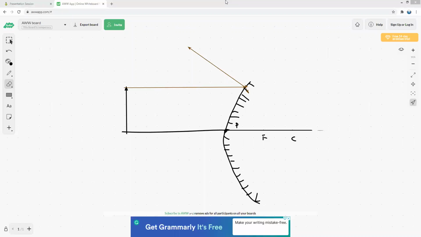Now, because I'm using this arrow, I can't make the dotted lines. That's the reason. Okay, one minute, I'll just make it proper. Wait. Aman, wait.